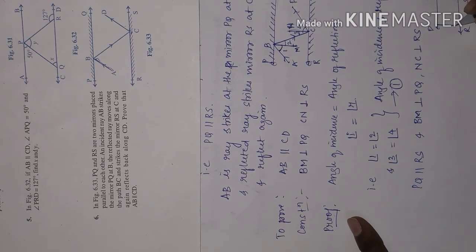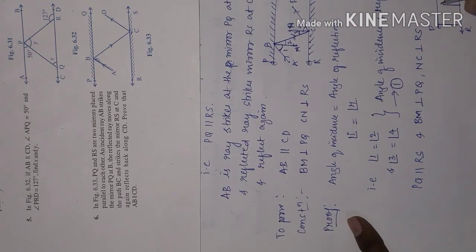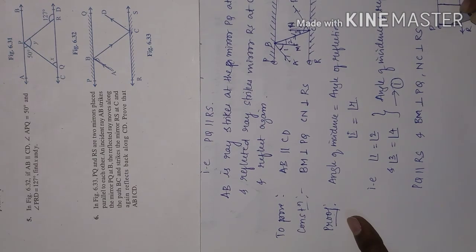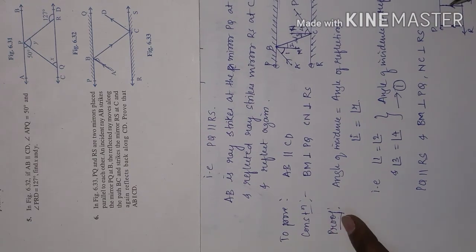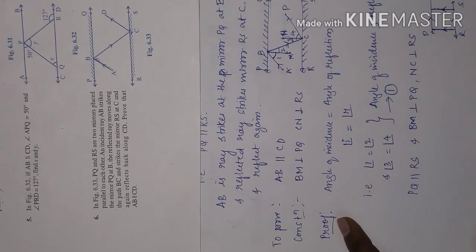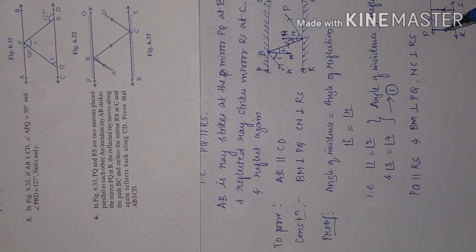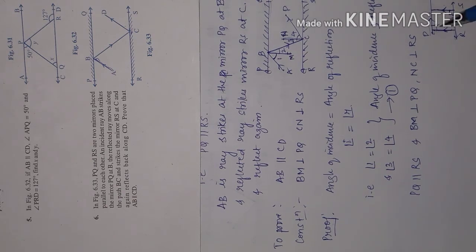When these are perpendiculars, it means these two lines are parallel, and PQ and RS are already parallel lines. So I will say the statement: in two parallel lines, lines drawn perpendicular to the parallel lines are also parallel to each other.